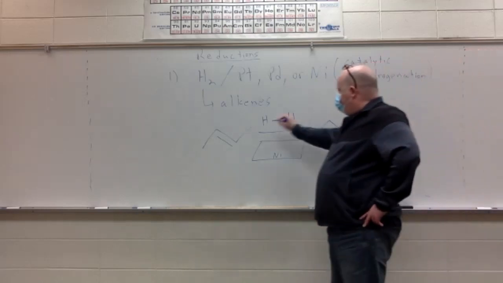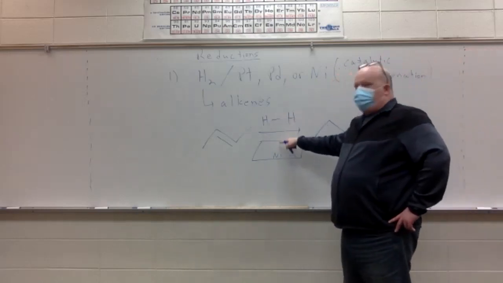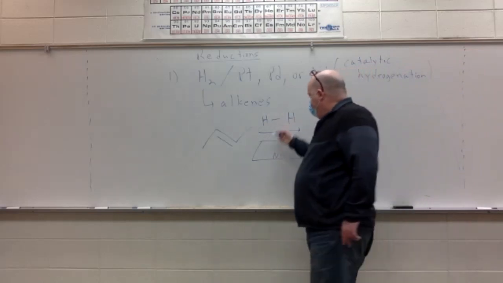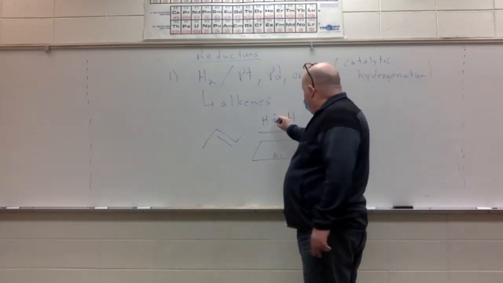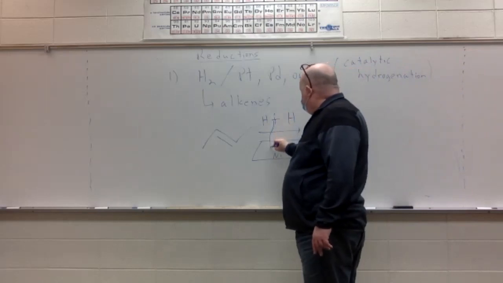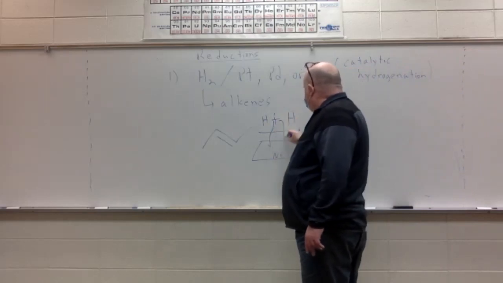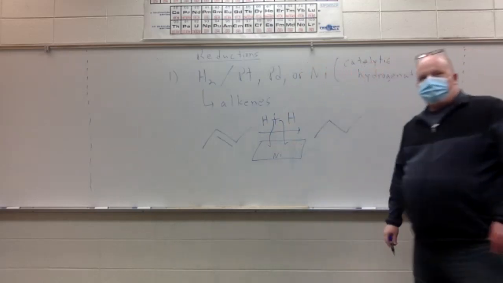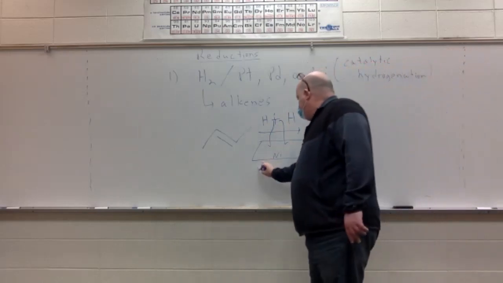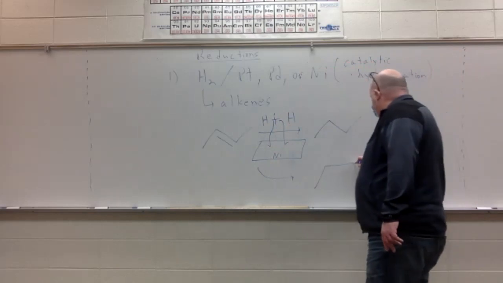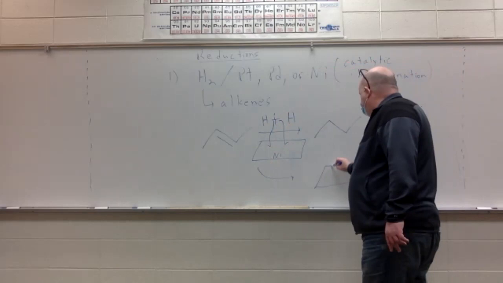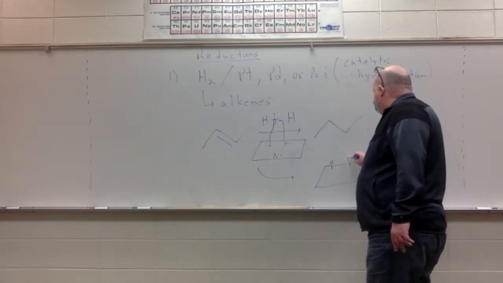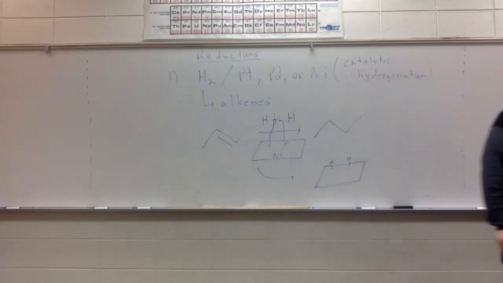Basically what happens is when the H2 gets close to the nickel, it kind of flutters by and this bond will break and the hydrogens will each sort of plant themselves on the surface of the catalyst. And this was like little hydrogen trees coming up. And if that helps you remember it, that's great.